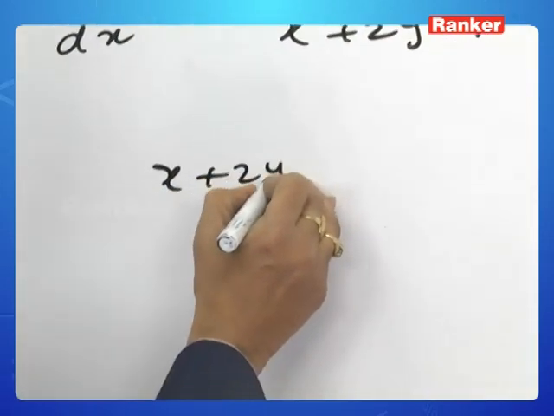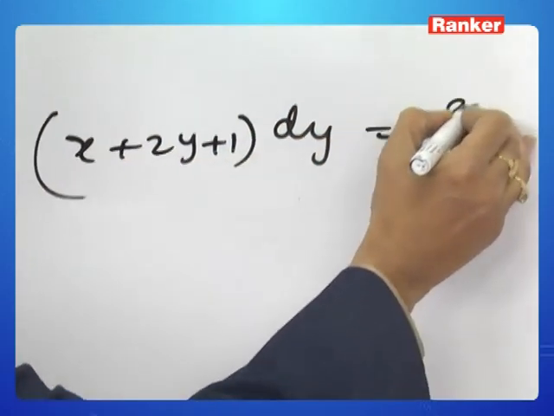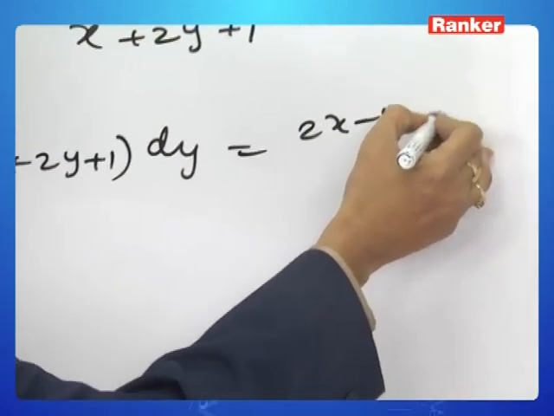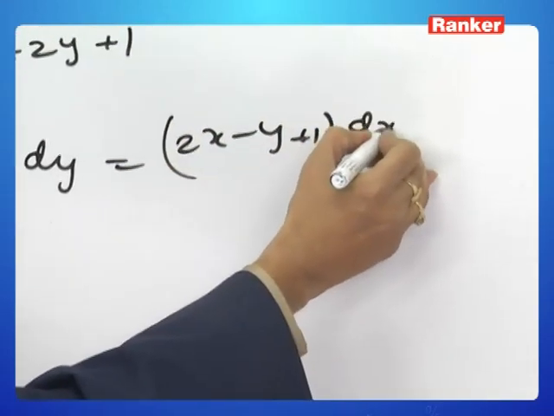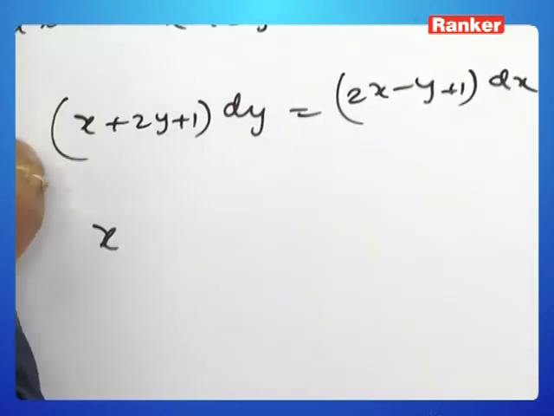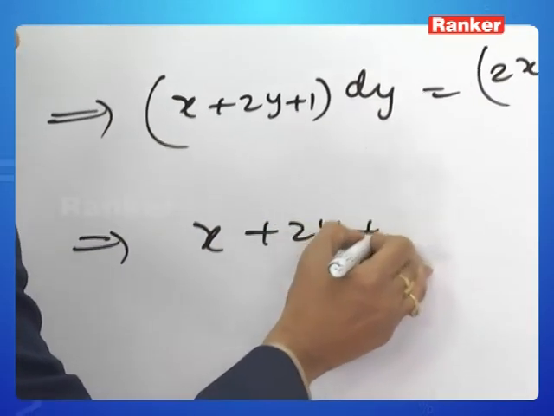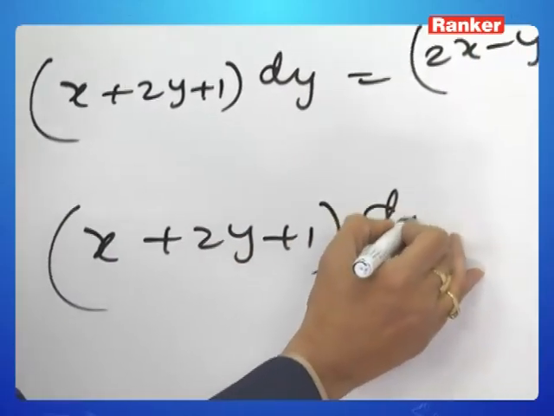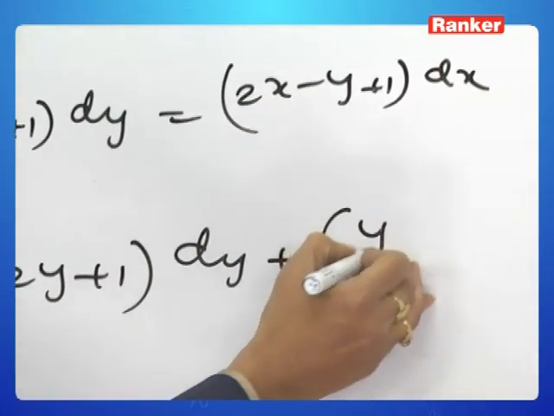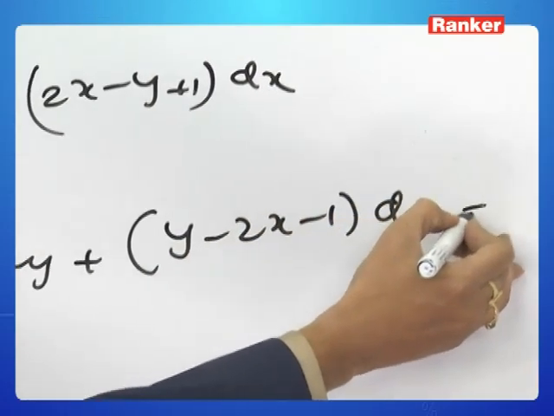(x plus 2y plus 1) dy is equal to (2x minus y plus 1) dx. Bring that here. (x plus 2y plus 1) dy plus (y minus 2x minus 1) dx is equal to 0.